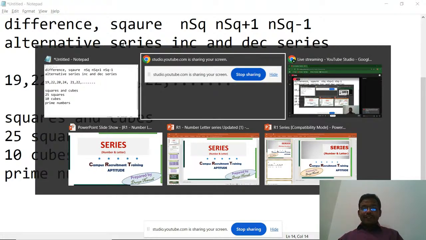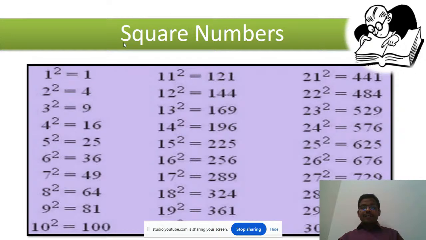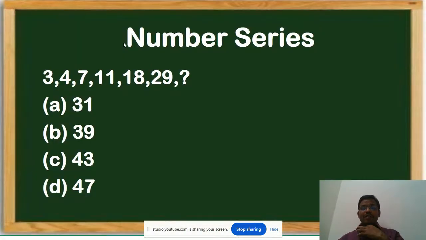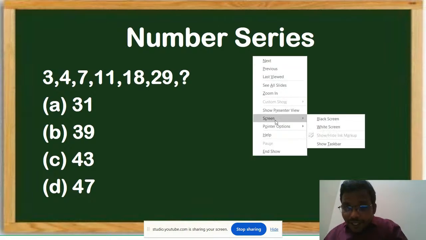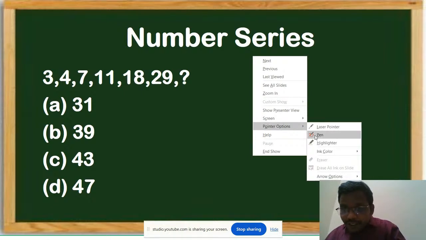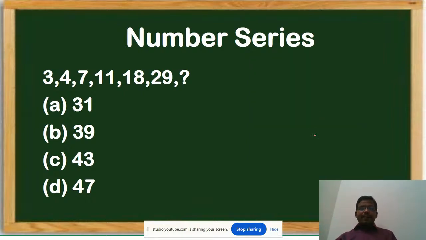So for example, write down 3, 4, 7, 11, 18, 29.